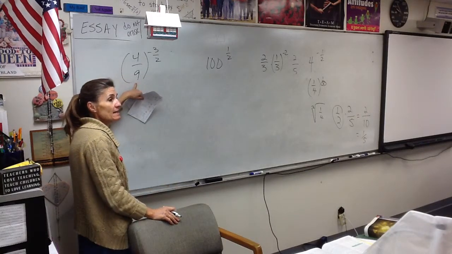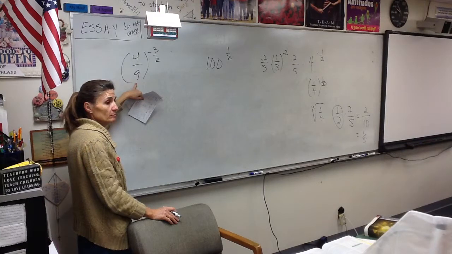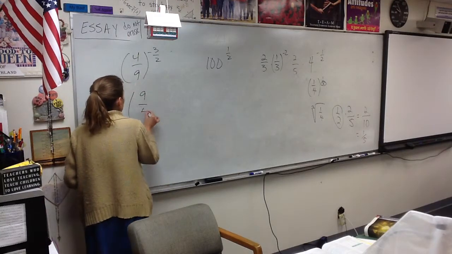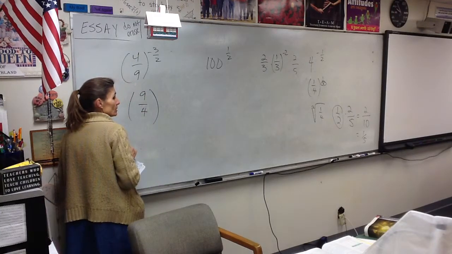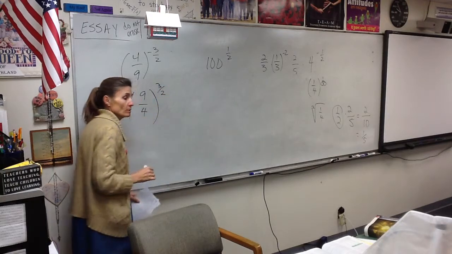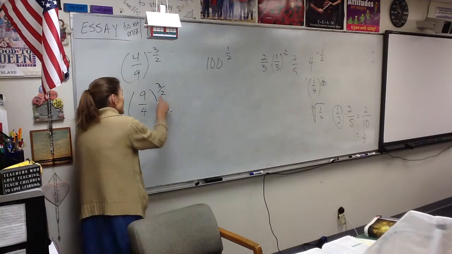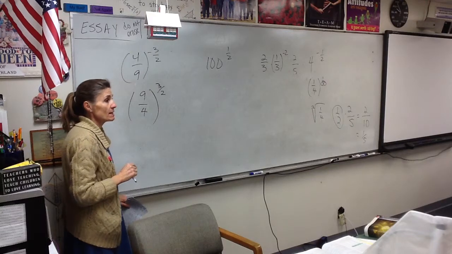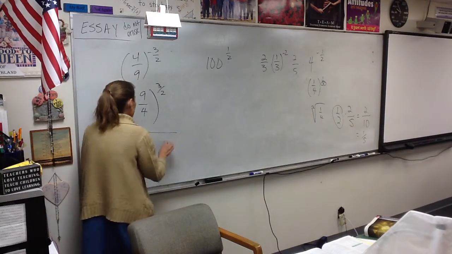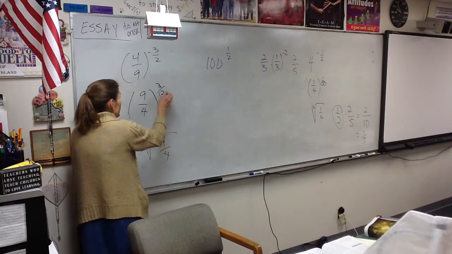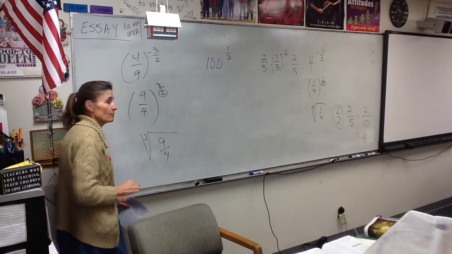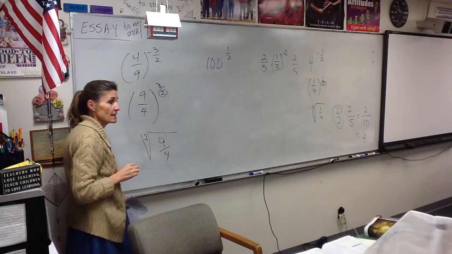We have a negative exponent. So we're going to flip that fraction and raise it to the 3/2 power. What does a fractional exponent always mean? A radical. We're going to take the square root. This tells me which root I'm taking.